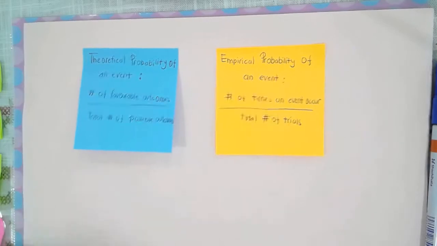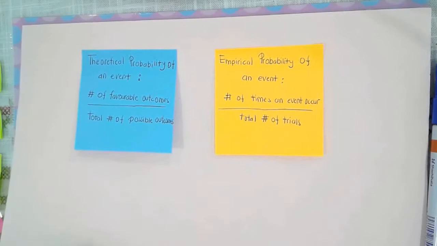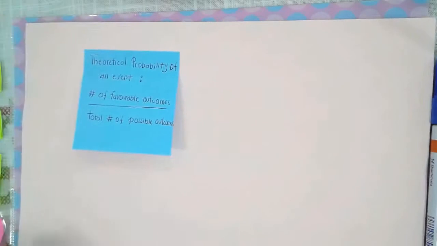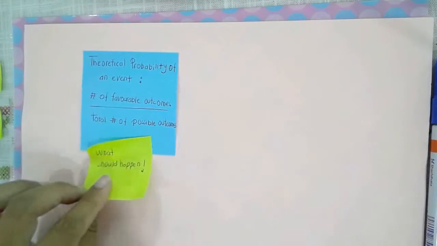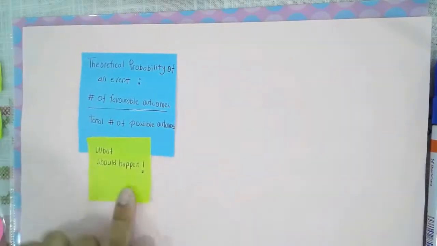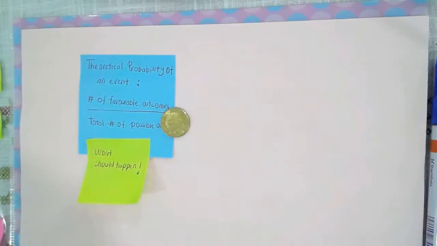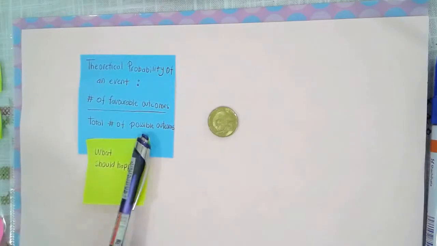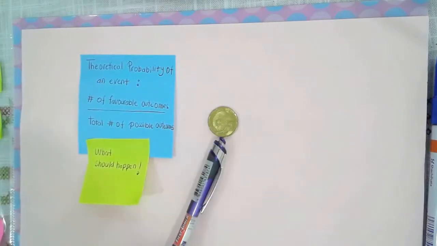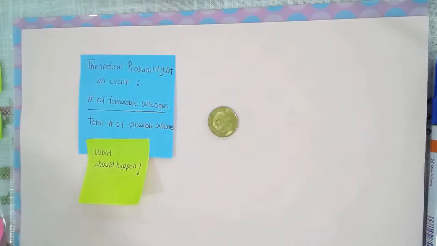Let us take a look at an example of theoretical probability. In simple words, theoretical probability is actually what should happen. So, for example, if I flip this fair coin and I ask you what are the possible outcomes, what will be your answer?